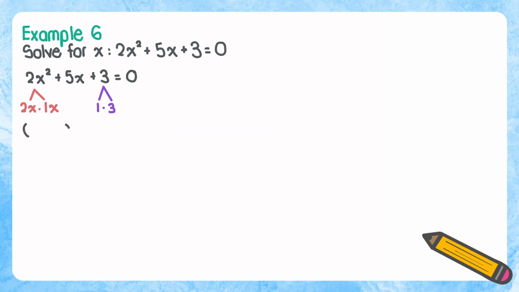So I'm going to write out the factored format with two sets of parentheses, setting it equal to 0. I'm going to go with 2x and 1x, so just x. I'm going to try 2x plus 3 times x plus 1. And let's see how this goes.